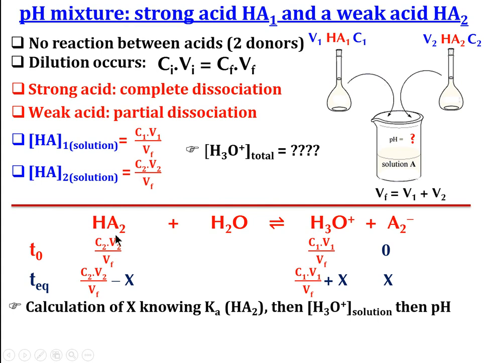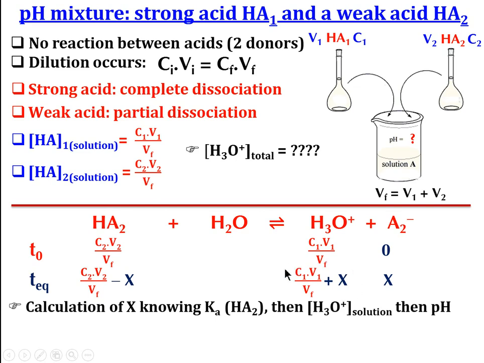We know Ka of the acid HA2, and Ka equals H3O+ at equilibrium times A2- at equilibrium divided by HA2 at equilibrium. So we can calculate x from the expression of Ka.